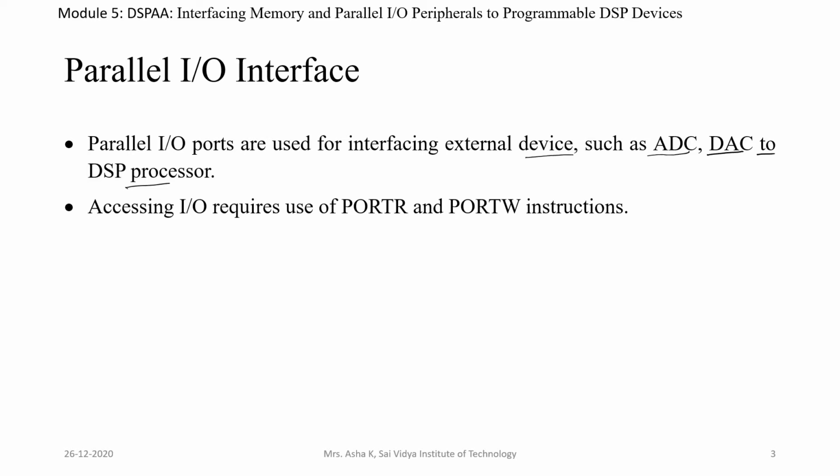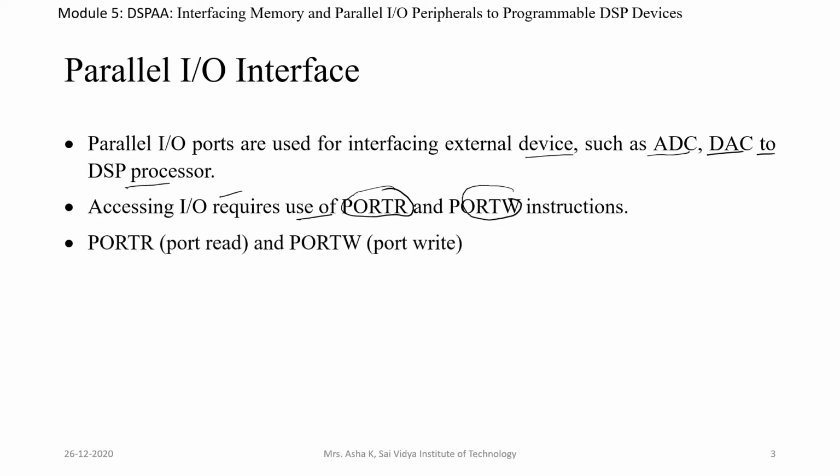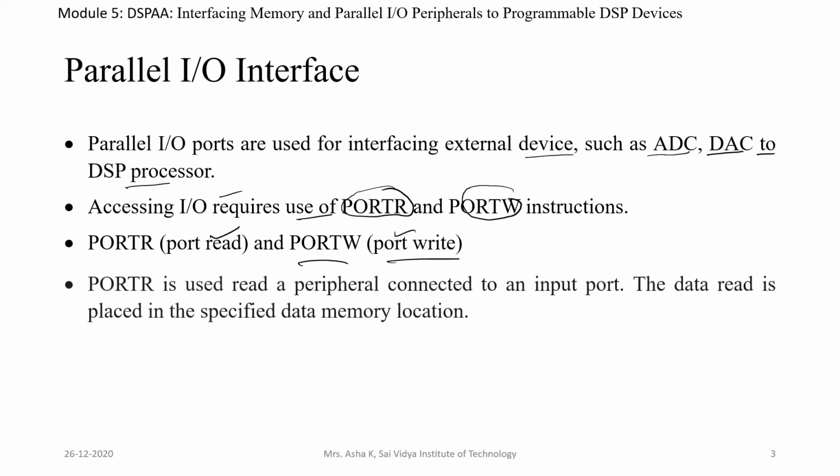Accessing input-output requires use of two important instructions. One is called PORTR and the second one is called PORTW. PORTR stands for port read operation, whereas PORTW stands for port write operation.